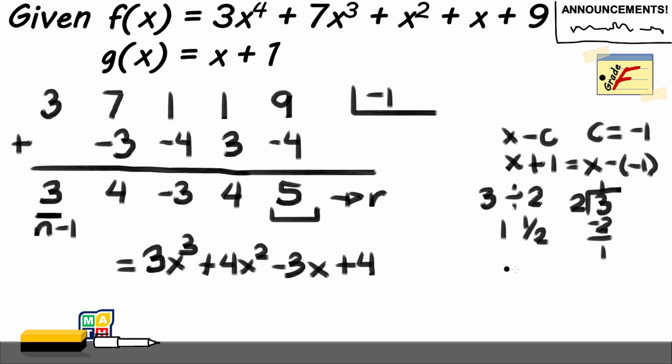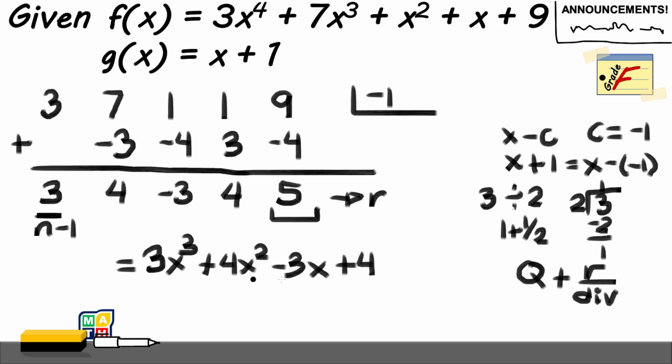In short, if there is a remainder when you divide functions, you can write it in this manner: the quotient plus your remainder over your divisor. Okay? Because 1 and 1/2 could also be written as 1 plus 1/2. This was your quotient, 1. This was your remainder, that's your divisor. So going back here, again, our remainder is not 0.